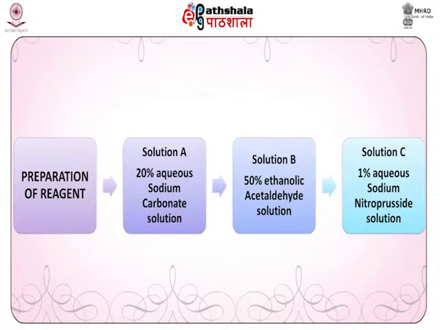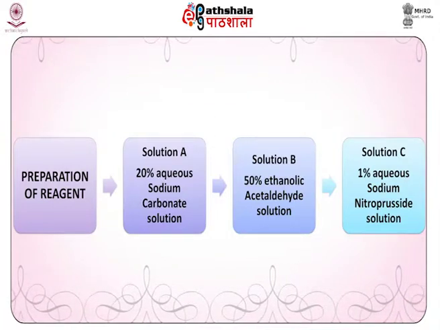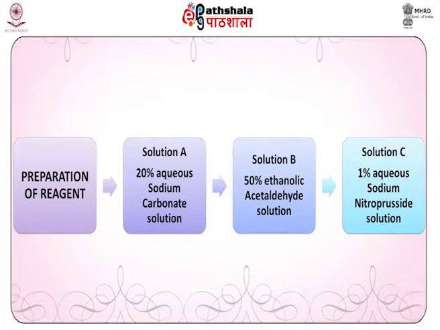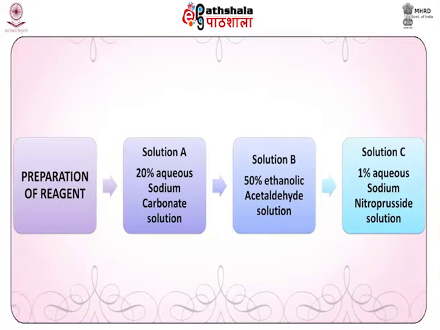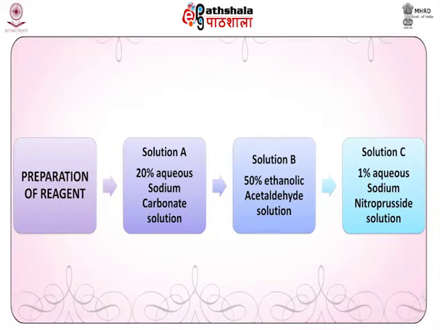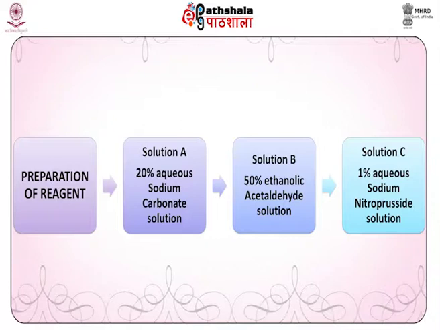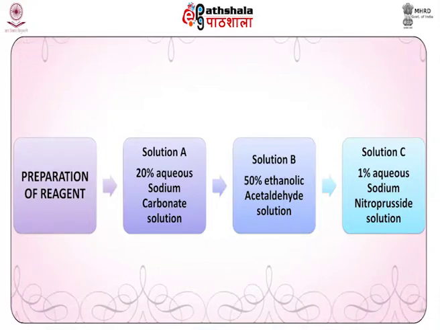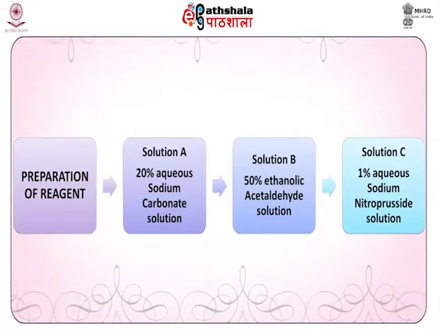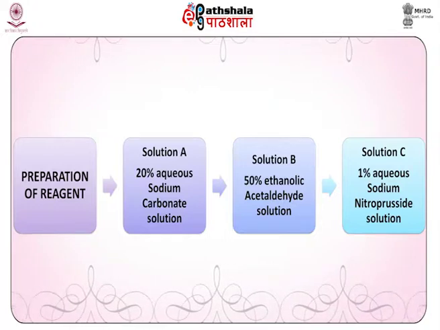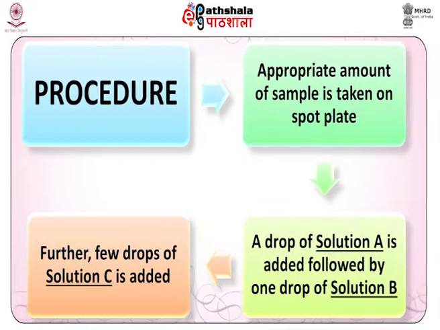Preparation of reagent. Solution A: 20% aqueous sodium carbonate solution. Solution B: 50% ethanolic acetaldehyde solution. Solution C: 1% aqueous sodium nitroprusside solution. Procedure: an appropriate amount of sample is taken on a spot plate.